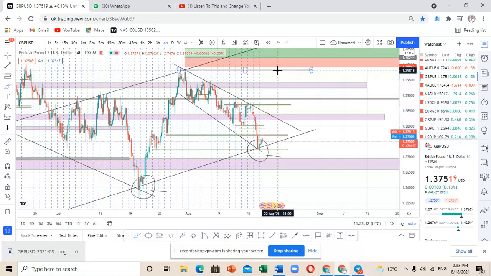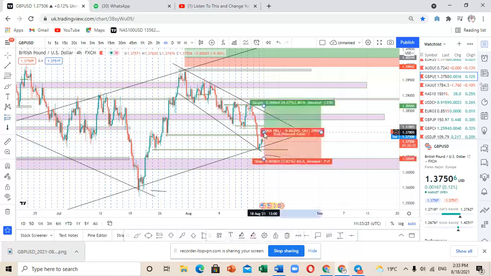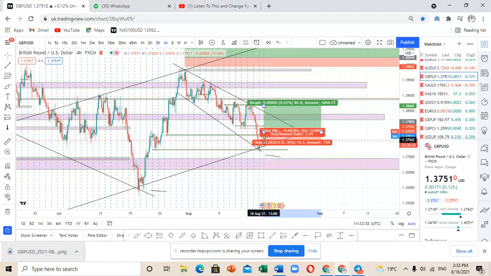So it may take long, but hopefully, since it is worth waiting, I'm going to be patient enough. That's why you can see that I've placed a long position on that. So you can see my position was at that point, and I'm reducing my loss.